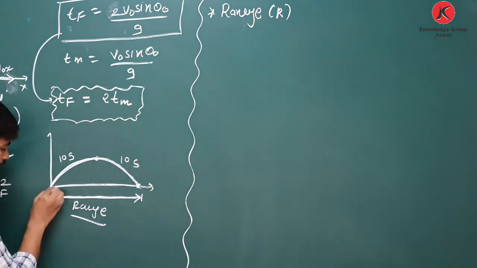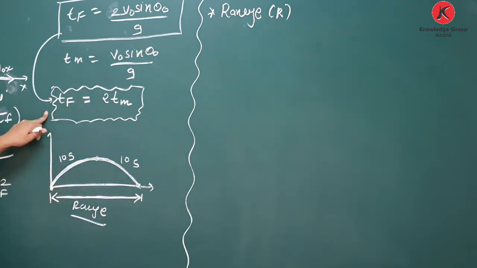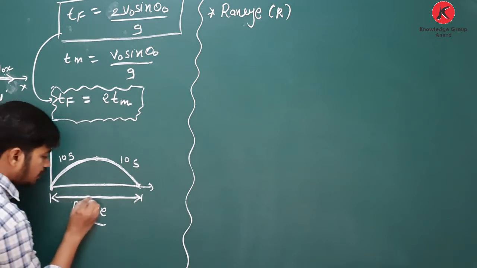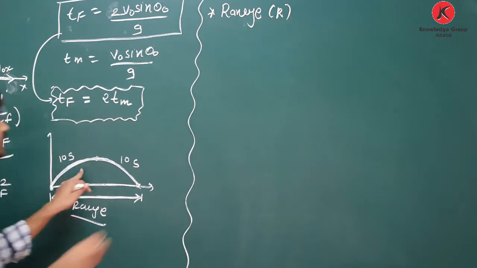Now see, from this point to this point, it takes time Tf. During this time, what is this horizontal distance? It is called range.